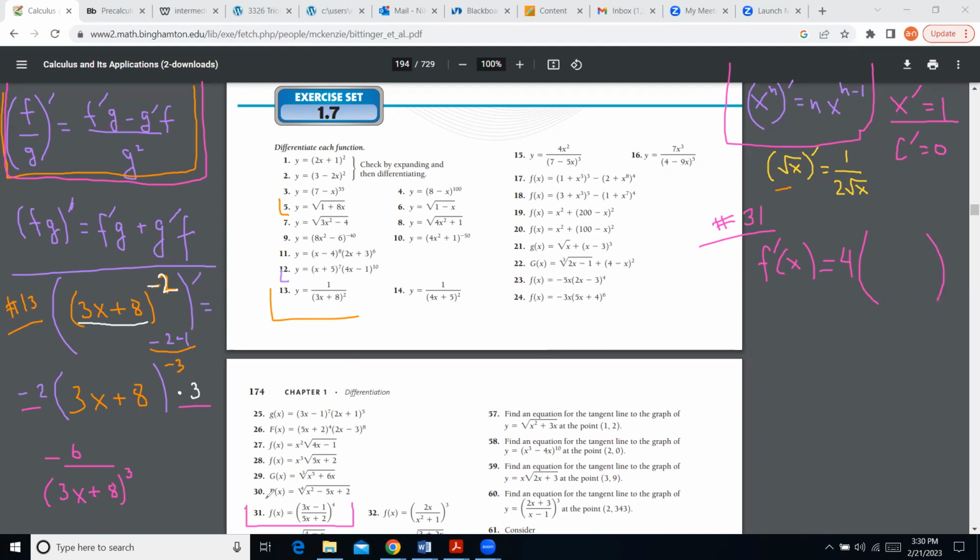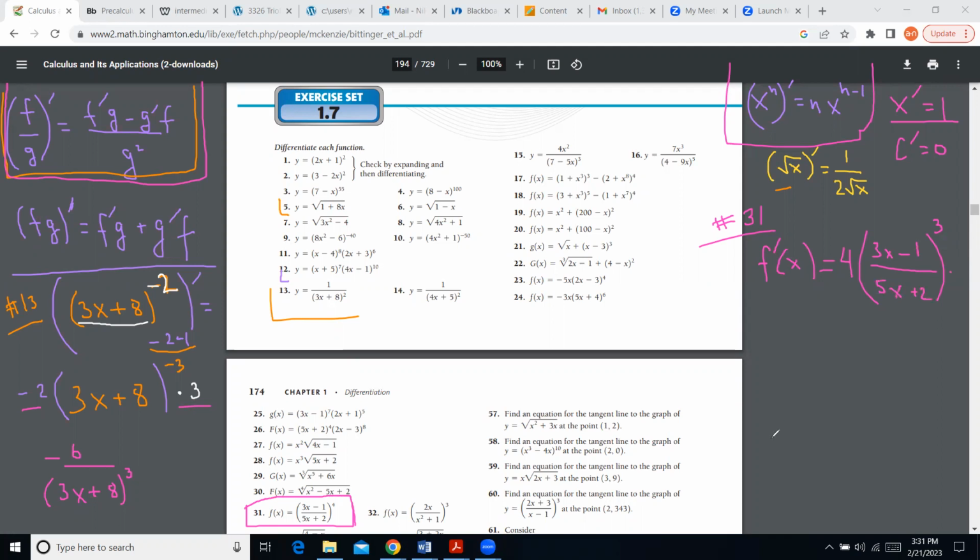So I'm trying to differentiate that. Power of 4 on the outside. So 4 times 3, right, will be a new power, 1 less for that fraction. 3x minus 1 is still divided by 5x plus 2. But now the problem is that we need to multiply this by derivative of that fraction.